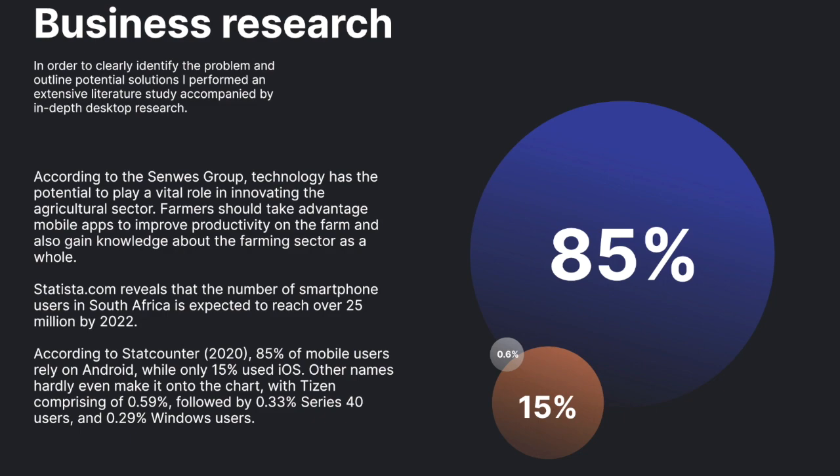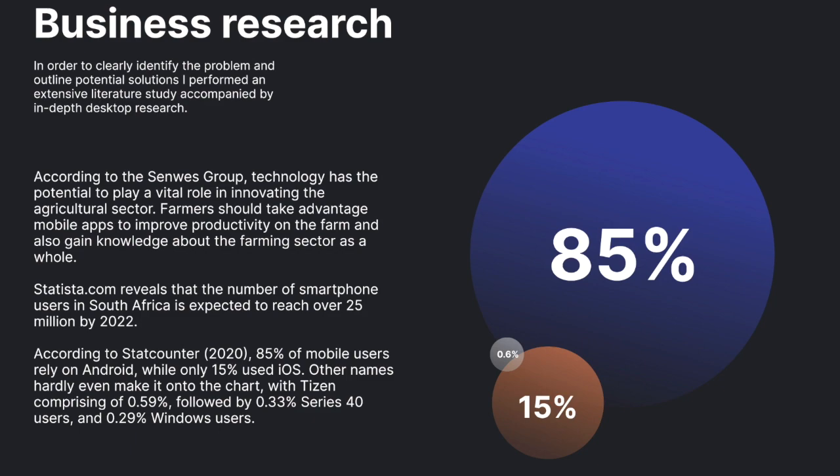So according to the Senvest Group, technology has the potential to play a vital role in innovating the agriculture sector. Farmers should thus take advantage of mobile apps to improve productivity on the farm and also gain knowledge about the farming sector as a whole.